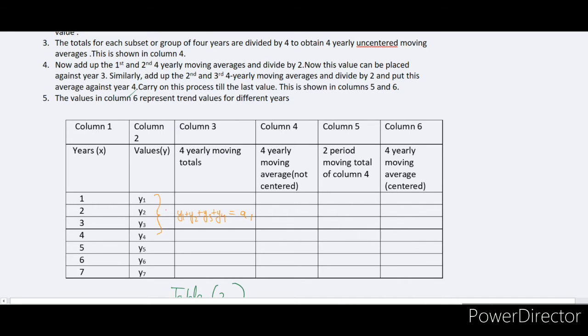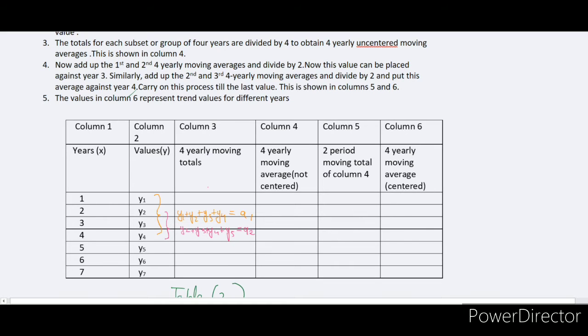So we do the same thing: you add up the values and put the total in between year 3 and year 4, somewhere here. So this is y2, y3, y4, y5. Call this a2.